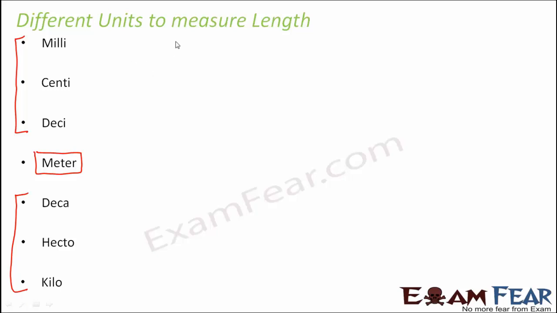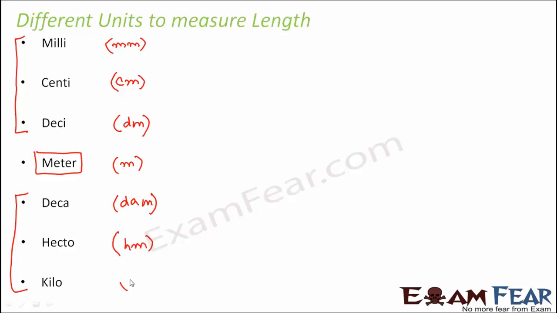Now why you need to remember the sequence: millimeter is written in short as mm, centimeter as cm, decimeter as dm, meter as m, decameter as dam, because decameter or decimeter otherwise would be confusing, hectometer as hm and kilometer as km.